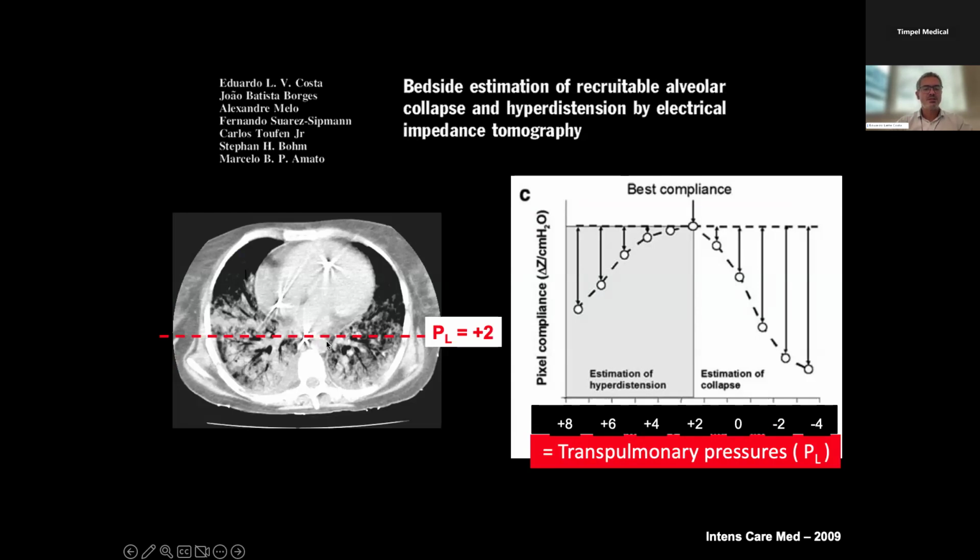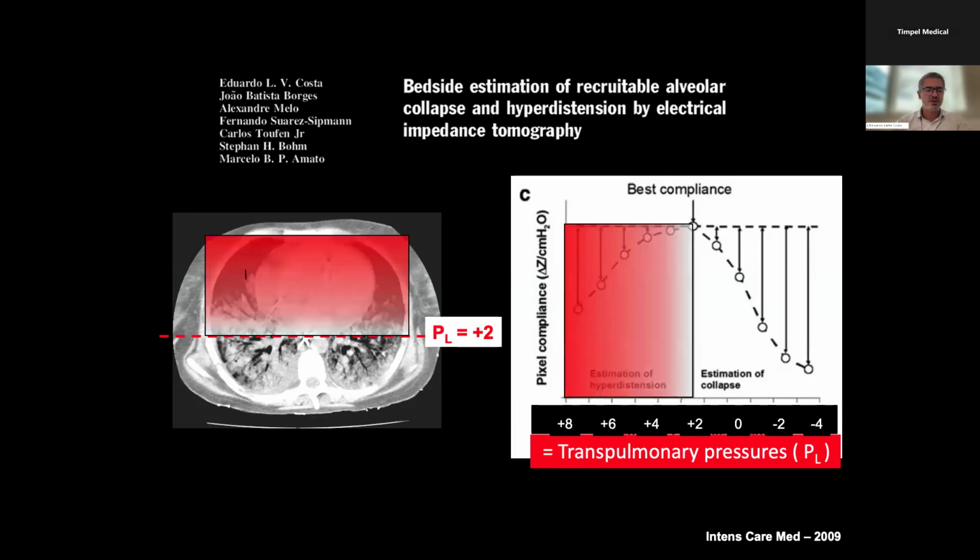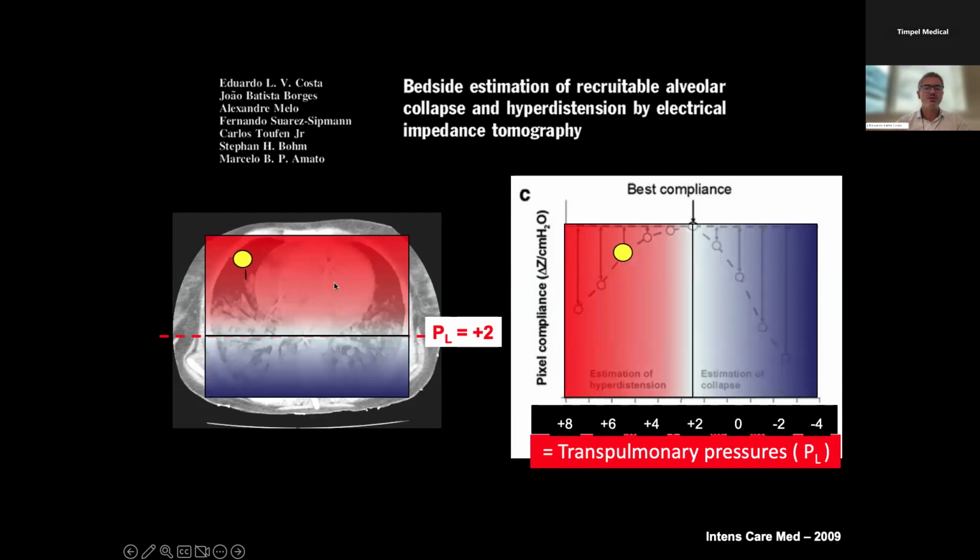So what this means is that when you have a transpulmonary pressure of around 0 to +2, which are numbers that have been used to indicate that the lungs are open, you actually can have a little bit of overdistension at regions above this value, and you can also have a little bit of collapse at regions below. So it's like a compromise between the two, and that's the rationale behind the crossing point PEEP selection that I'll tell you about later.